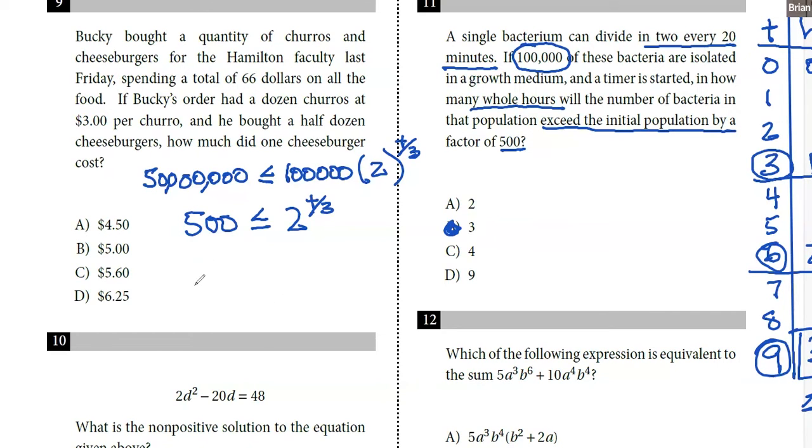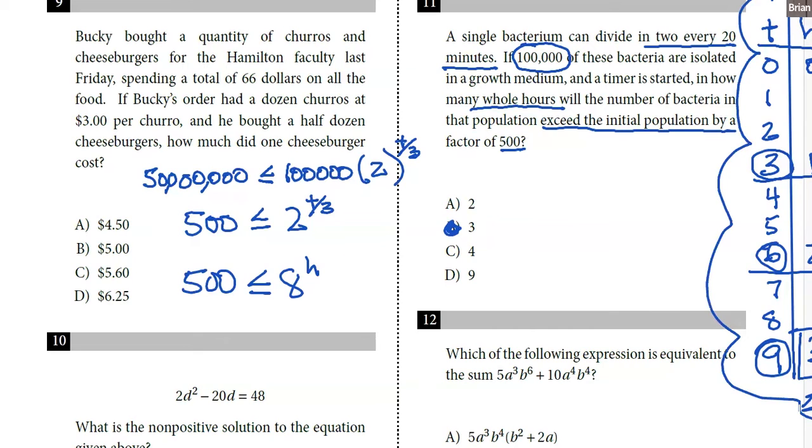So I could have looked at, well, when is 8 to the number of hours going to be greater than or equal to 500? I could have looked at it either way. But the table shows us quickly, well, not so quickly, but shows us that the answer is definitely 3 hours. So B is the correct answer.